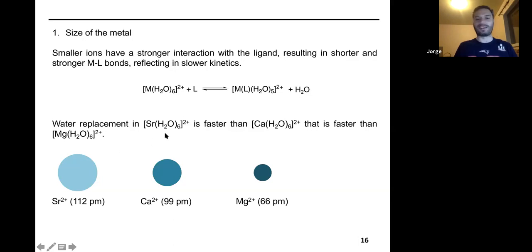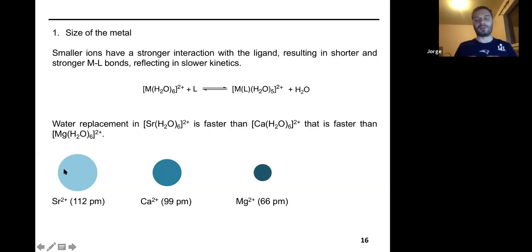An example of this factor is the water replacement in hexa-aquo strontium, calcium, and magnesium complexes. The fastest one is strontium, intermediate is calcium, and slowest is magnesium.